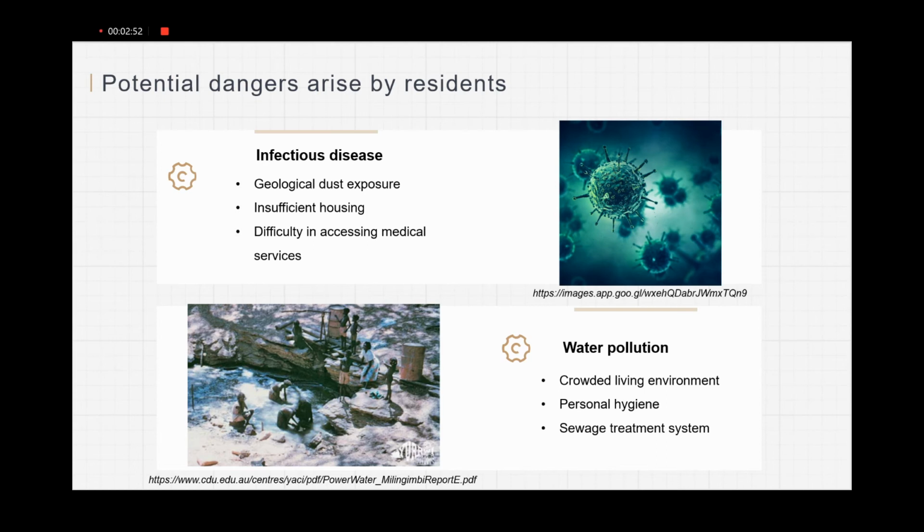The residents of Milingimbi may face health and ecological problems. First of all, Indigenous people in remote areas of the Northern Territory of Australia suffer from repeated infection due to excessive exposure to geological dust, inadequate housing, and lack of access to medical services.